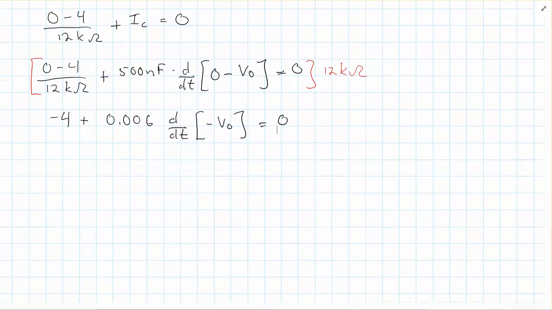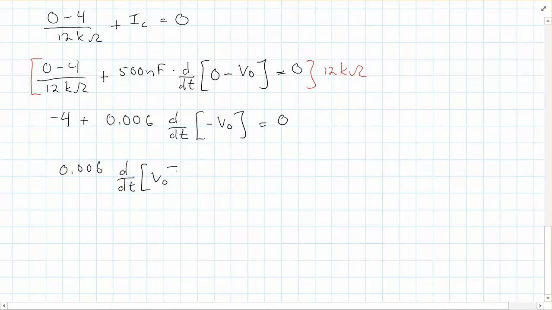So now I just have to solve this. So again, what I'd have here is 0.006 times the derivative of my output voltage is equal to -4. And then first what we'd have here is the derivative with respect to t of the output voltage.